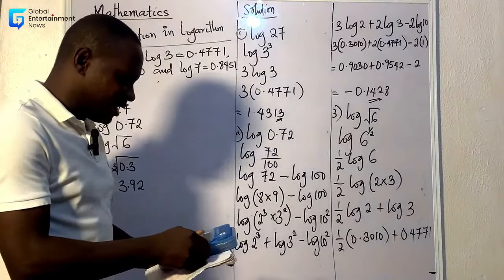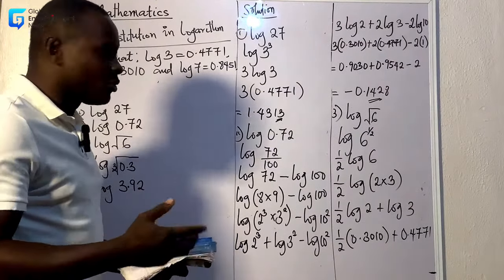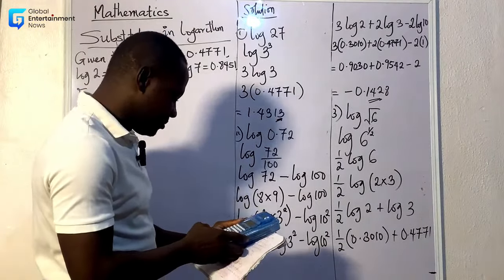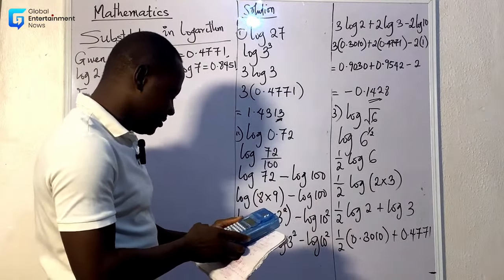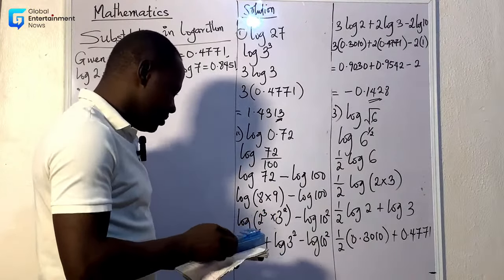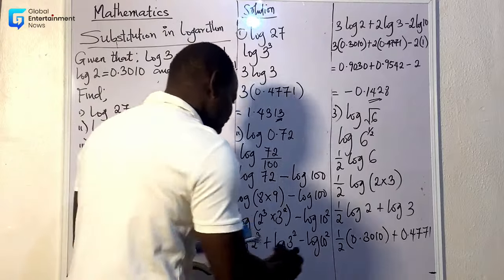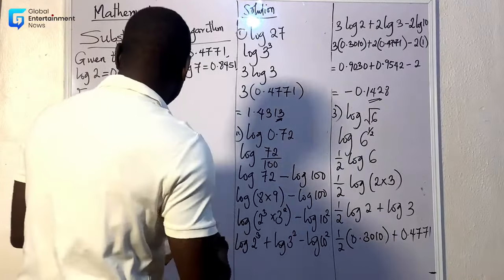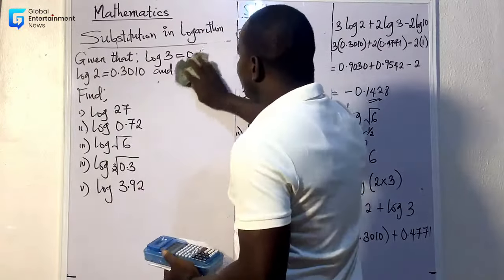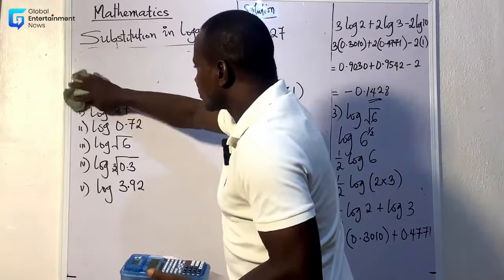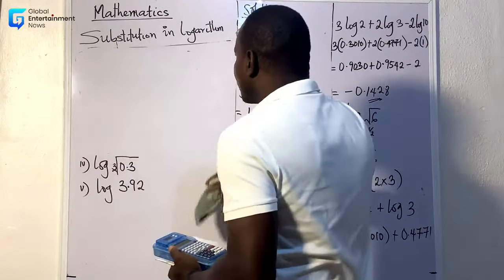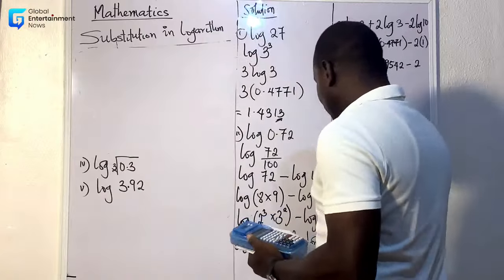You know, half is the same thing as 0.5.